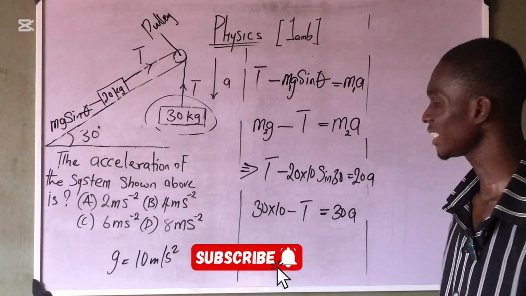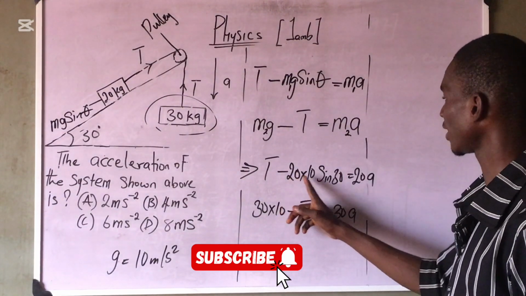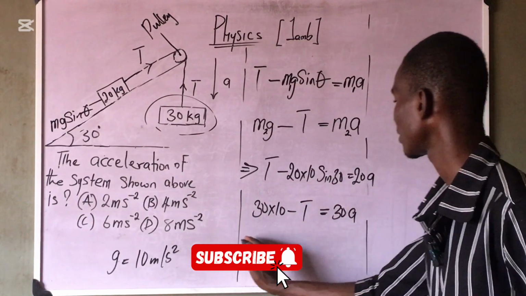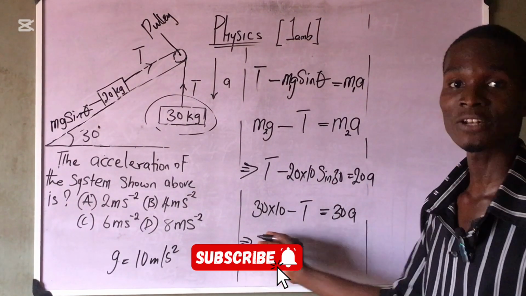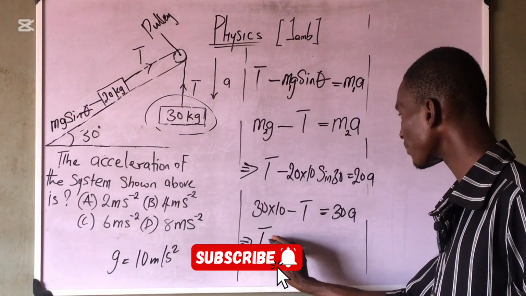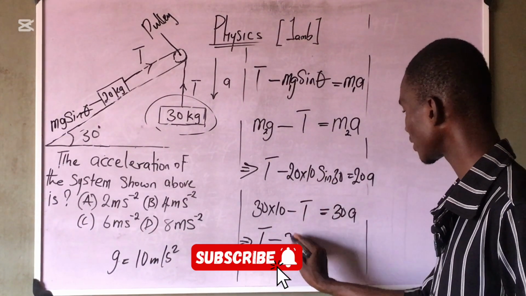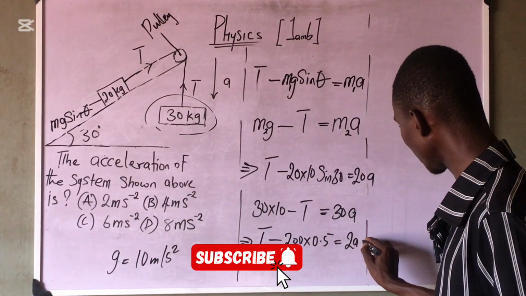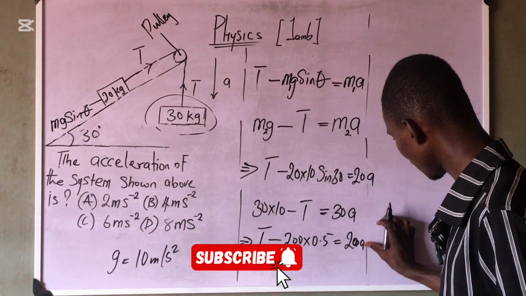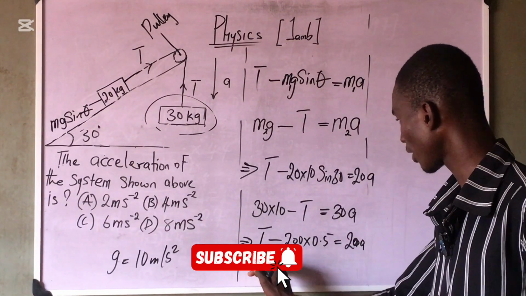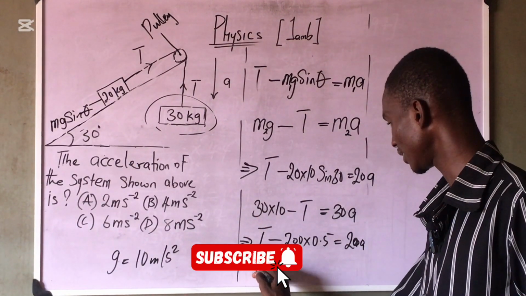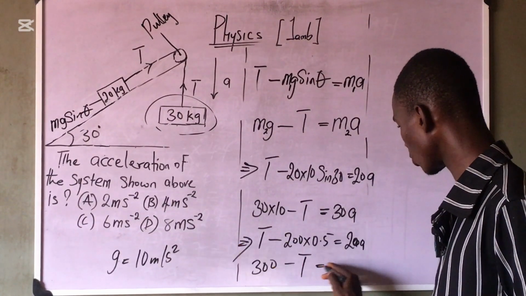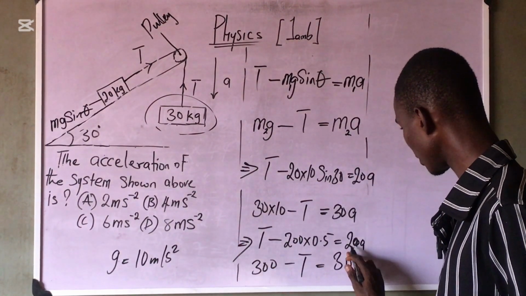At this point, can I simplify this? 20 times 10 is 200. Sine 30 is 0.5. So I will have tension minus 200 times 0.5 to be equal to 20a. Then 30 times 10 is 300 minus T to be equal to 30a.